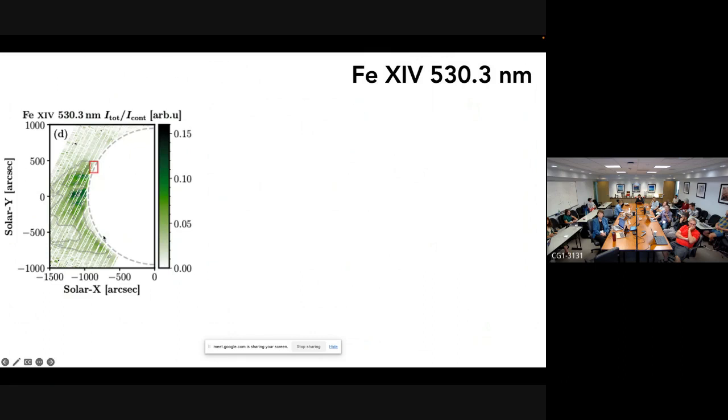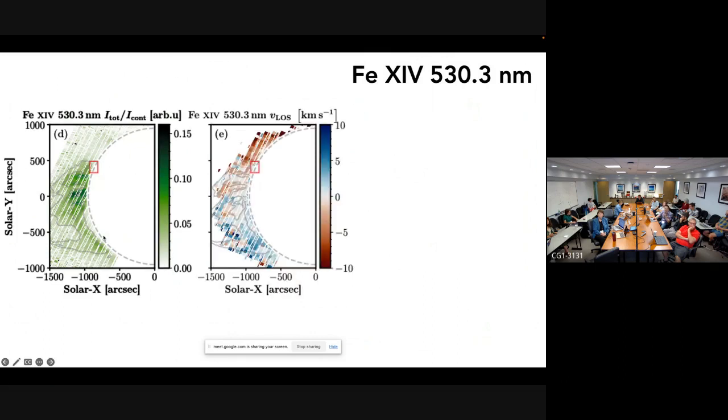If we look at the Doppler velocity, we can see there's a large redshift region in the northeast part, where the open field and closed field interact with each other. But in the rest of the field of view, we don't see large Doppler shift.